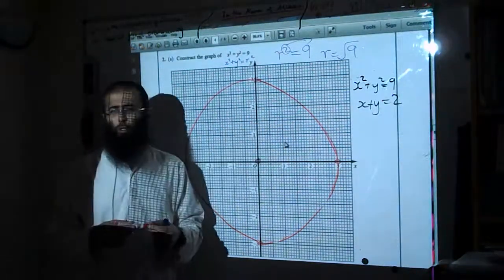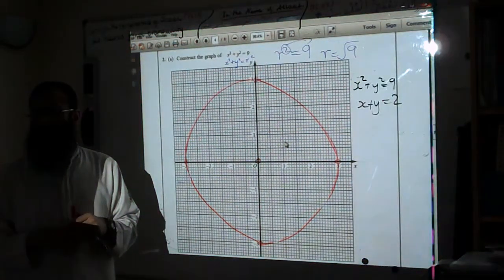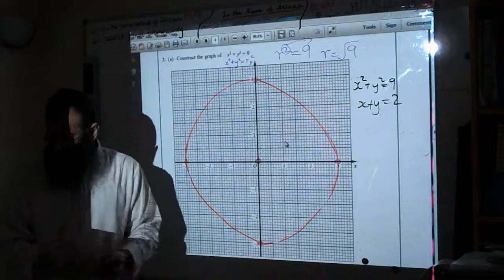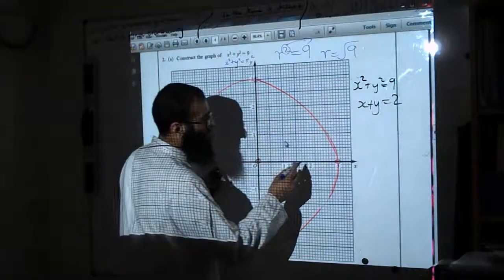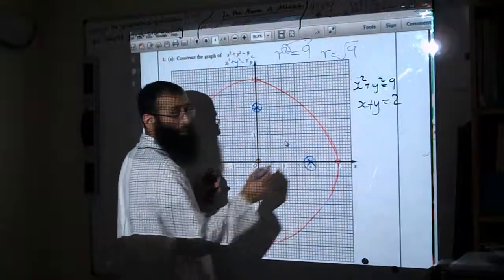Now, x plus y equals 2. Does anybody know what that special type of straight line equation looks like? x plus y equals 2 is a special line that goes from here to here.